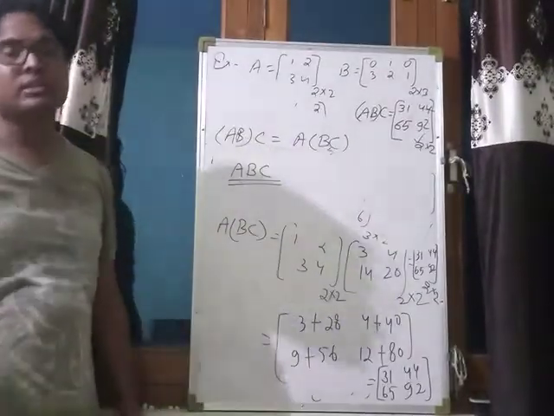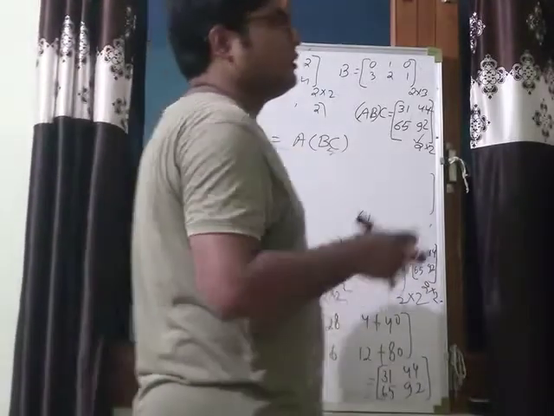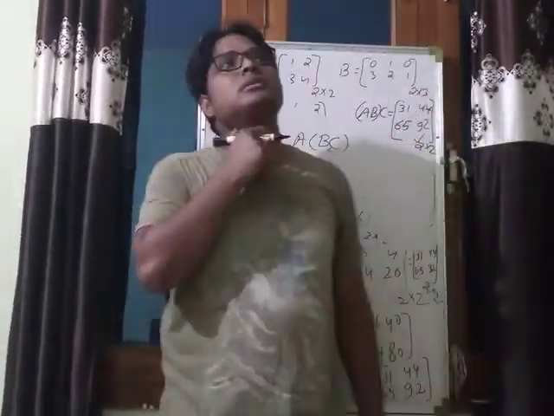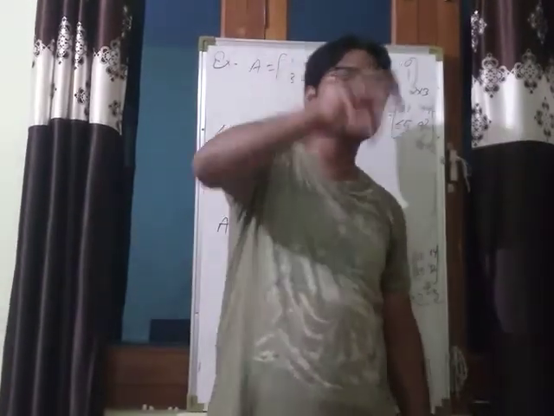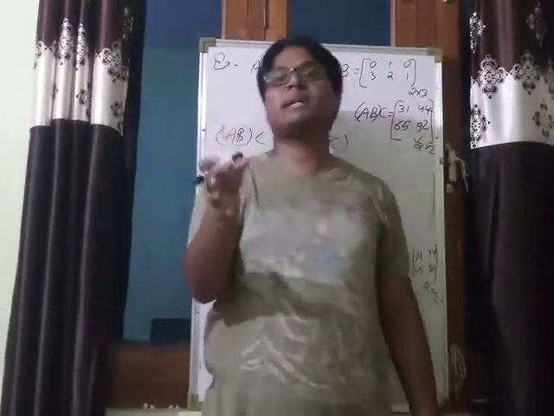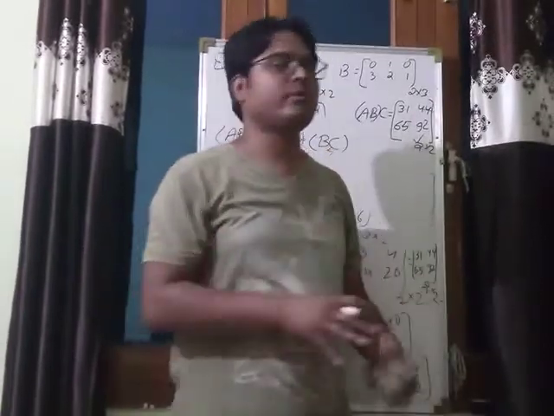That's why we can write this ABC without using brackets. Okay. Now next, distributive law. We had seen that matrix multiplication is distributive over matrix addition. I am going to verify this.